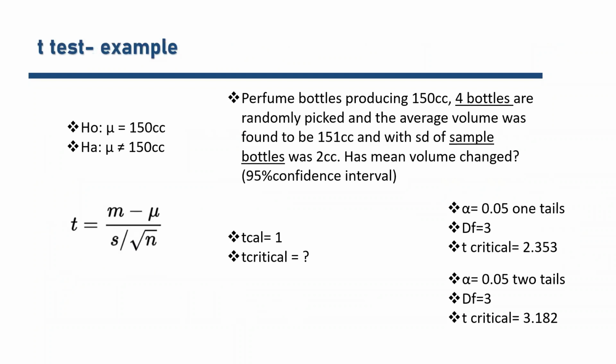Okay, let's look into one example to understand this. Perfume bottles producing 150 cc, 4 bottles are randomly picked and the average volume was found to be 151 cc, right? With the standard deviation of sample bottles known, not of the population.